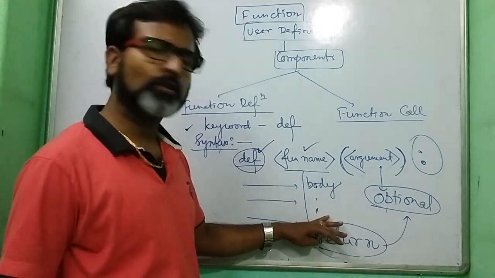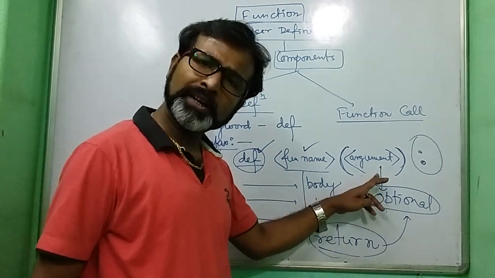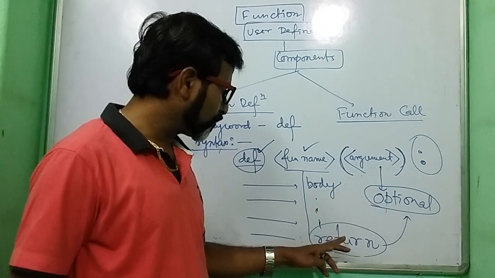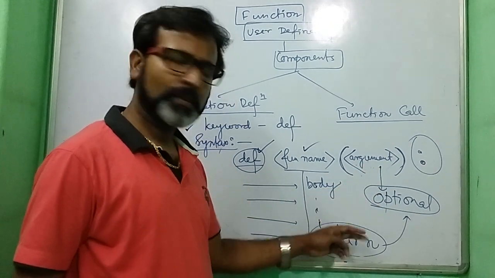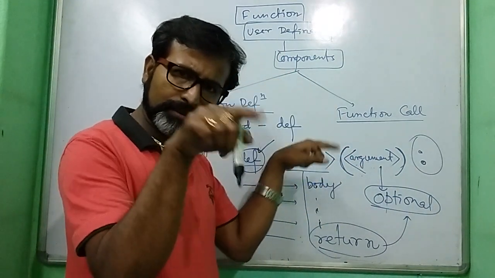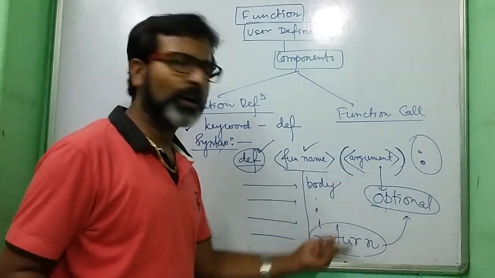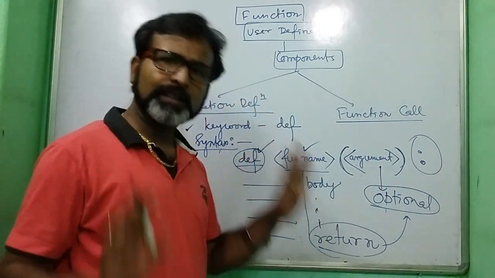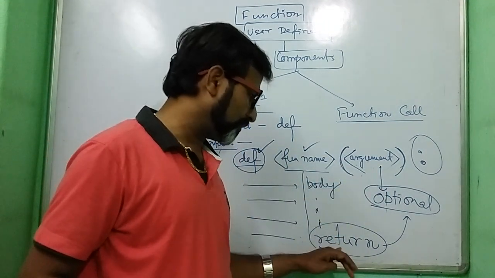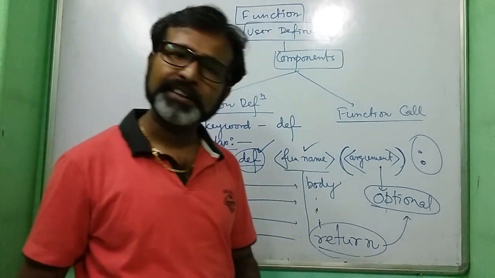So without return also I can define a function. Without argument also I can define a function. So of these two, argument is not a keyword, that's why I kept it under angular brackets. But return is a keyword. But these two are optional. So at initial level I will not give any example with argument or with return statement.